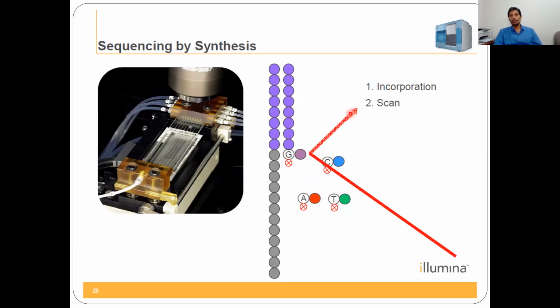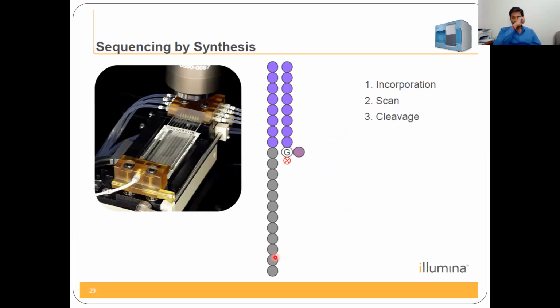So that particular cluster will fluoresce with the G's color, maybe purple or whatever it is, and this will be detected by the detector. That is the scanning. But with our naked eye, you will not see anything. You will just see like this only. You can't see anything. Okay.